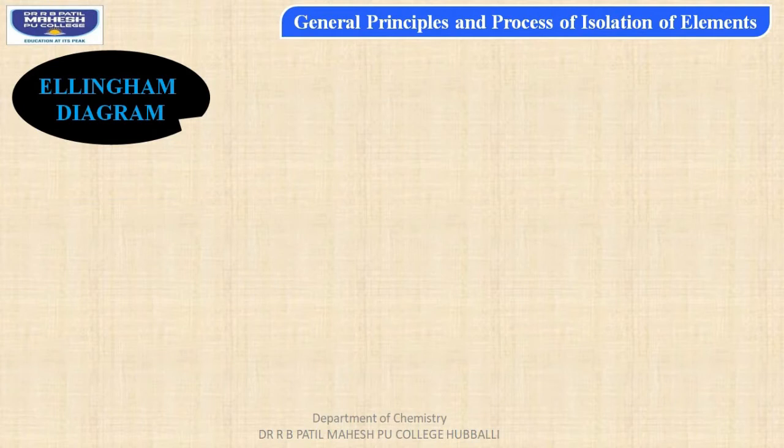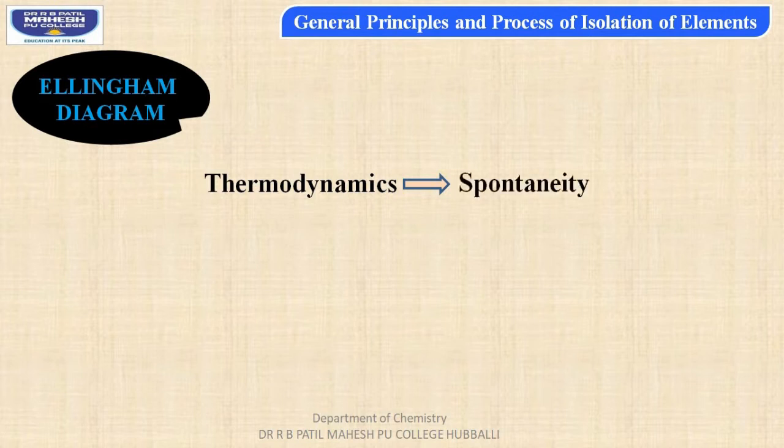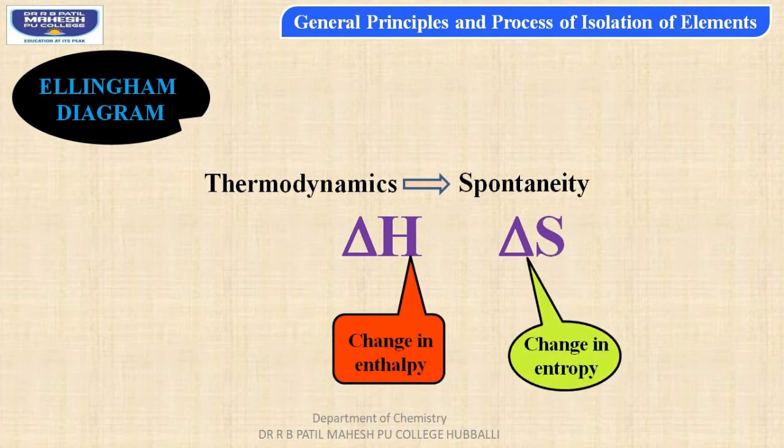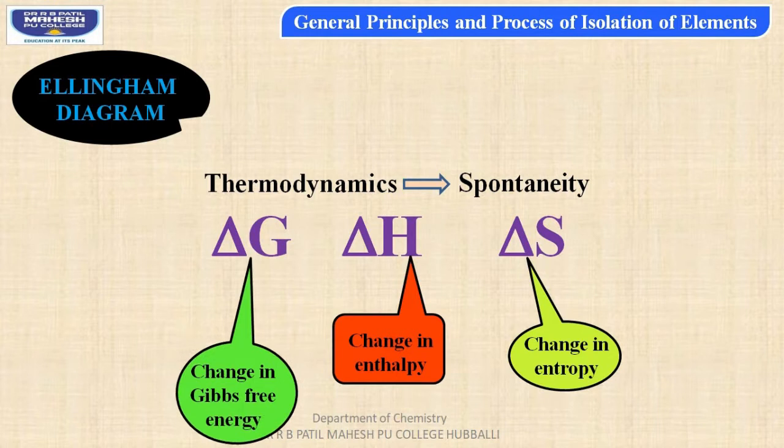In the Ellingham diagram, we shall be studying about the thermodynamics involved, which helps us to understand the spontaneity of a given reaction. Various terms involved are delta H, which denotes change in enthalpy, delta S for change in entropy, followed by delta G, which is change in Gibbs free energy.